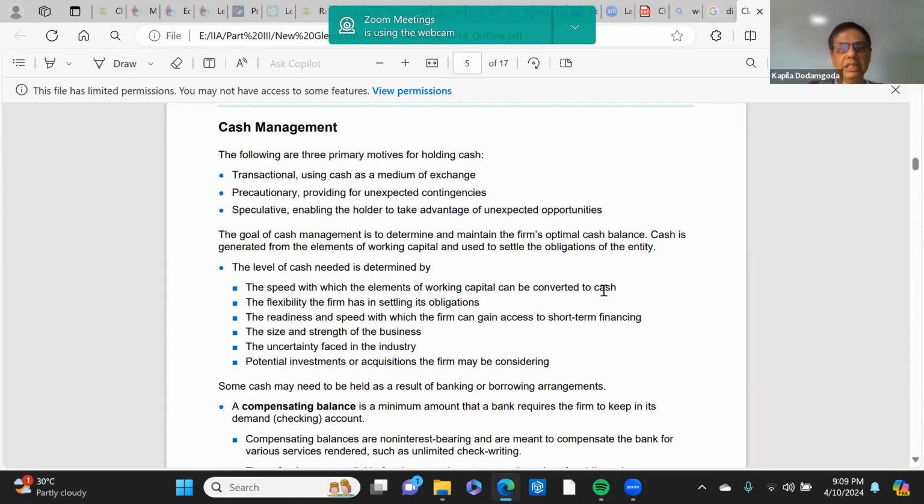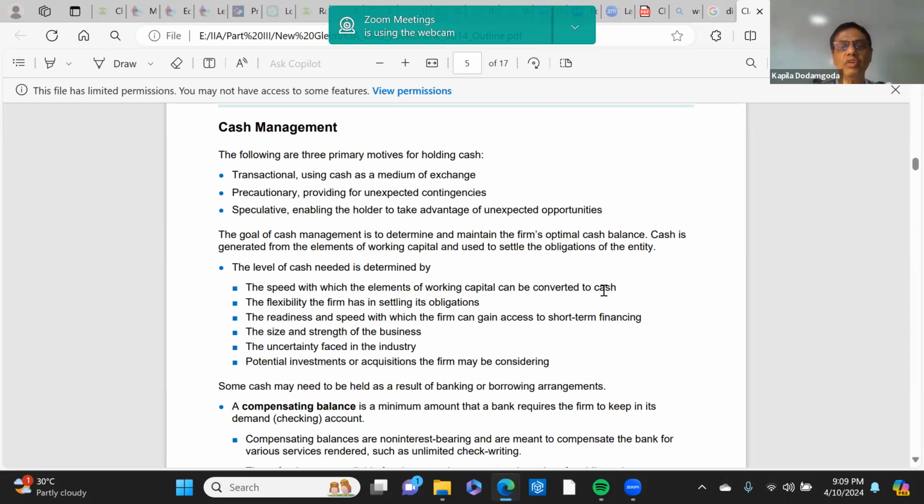Certain businesses, say FMCG, can quickly convert inventory to cash, and you may not be selling on credit, so your customers will pay you immediately. On the other hand, if it is construction equipment or something like that, your finished goods cannot be sold fast, and even if you sell them, the settlements will not come within a short period of time. So the speed at which the elements of working capital get converted to cash can be different.